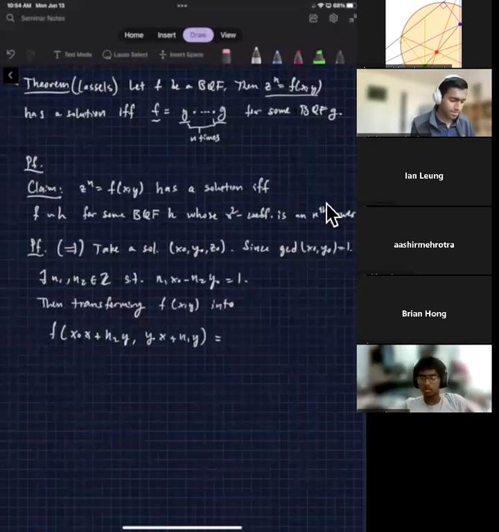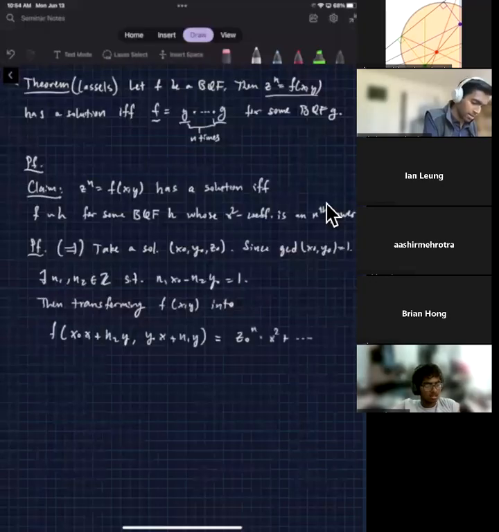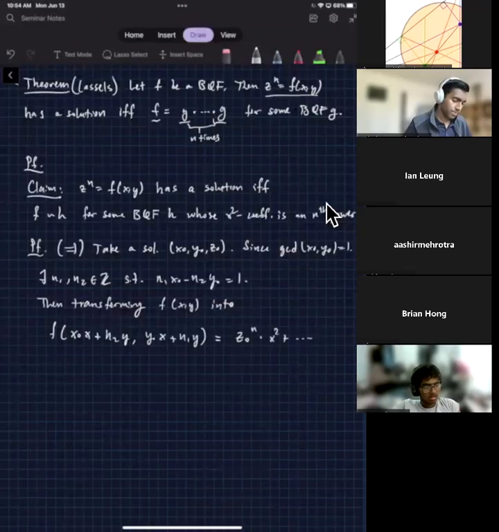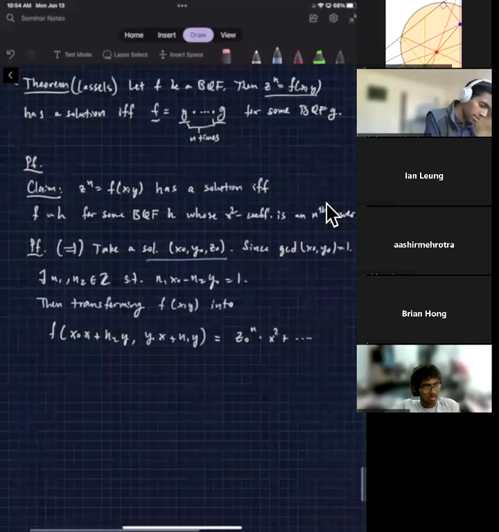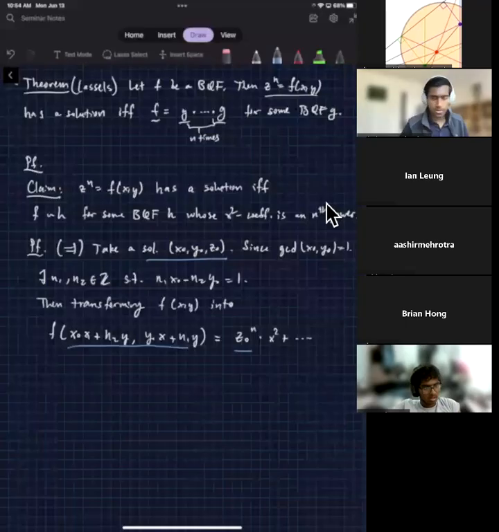If you do that transformation and you expand out what you get, then you'll get z naught to the n times x squared plus some other terms. So if you have a solution, then you can do this transformation to get a BQF whose x squared coefficient is an nth power.